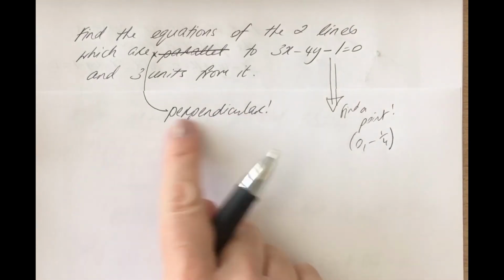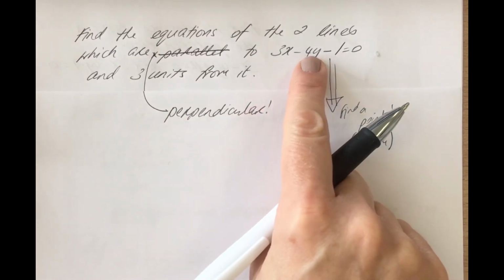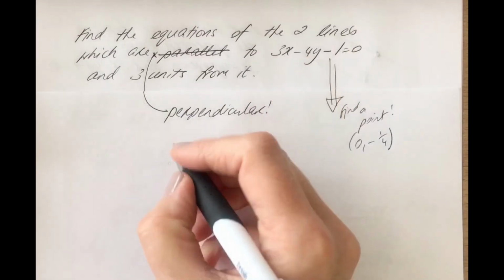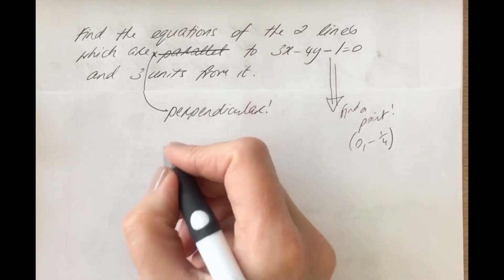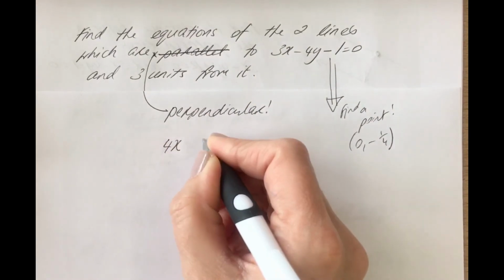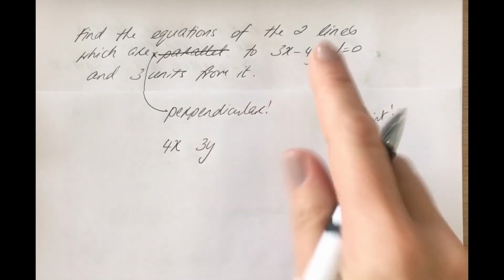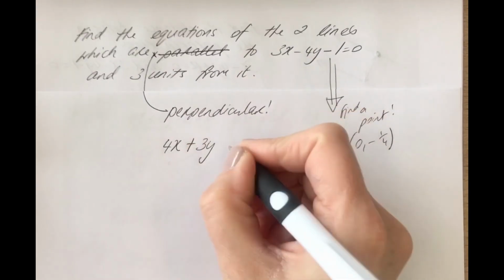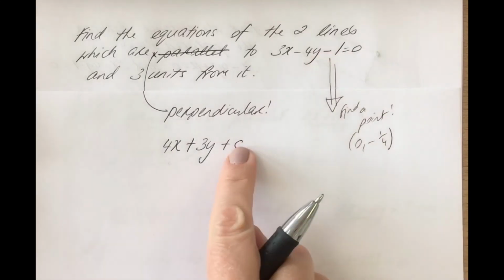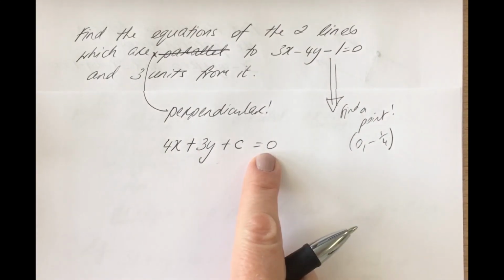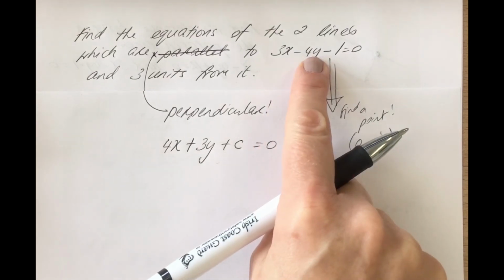But the setup of any line perpendicular to this one would then be, remember, we swap around the coefficients, 4x and 3y, and we need to change the sign. So if it's already minus, we need to change it to plus. And whatever value goes here, of course, we're not sure of that yet, but that would be the setup of any line perpendicular to that line.